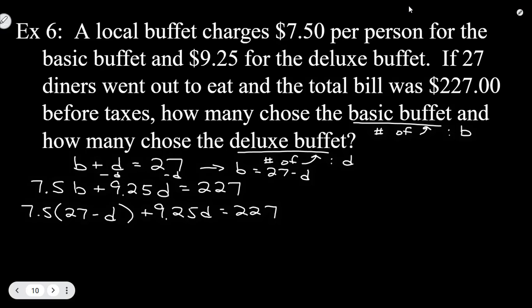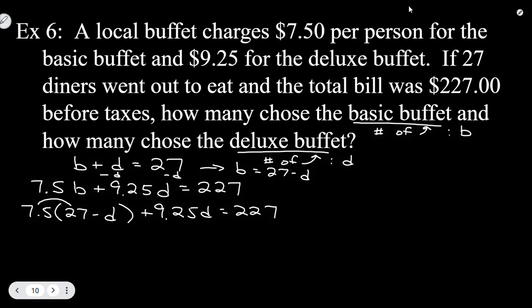Okay, that makes sense. All right, so what do we need to do next? We want to distribute first, and then we can combine our like terms. So 7.5 times 27. Anybody got that? My calculator seems to have disappeared again.